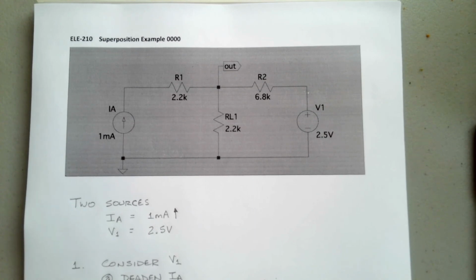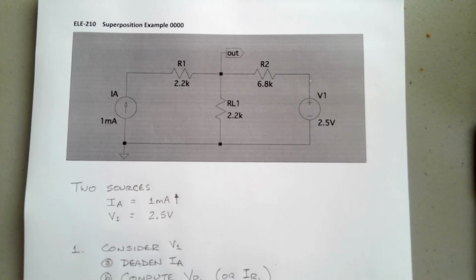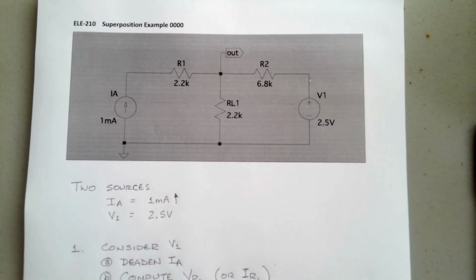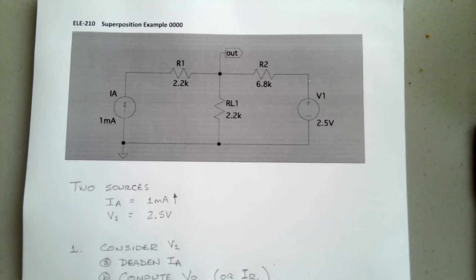Then for step 2, we're going to have to consider IA, in which case we'll have to deaden V1, and we'll have to compute VRL again, or IRL.